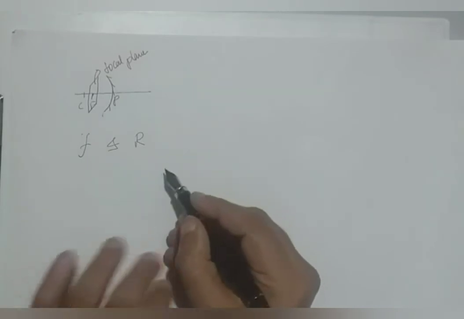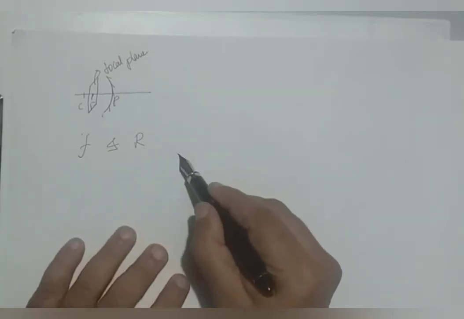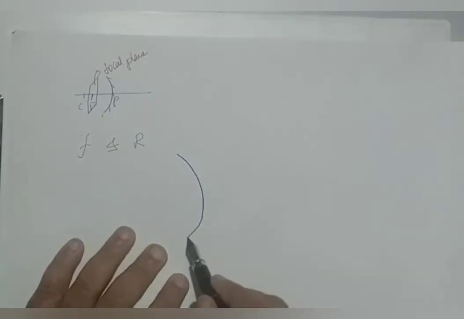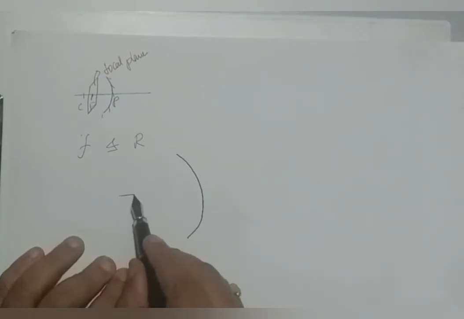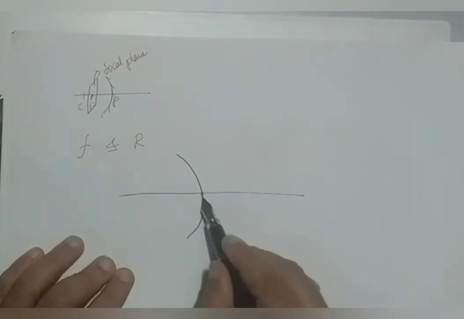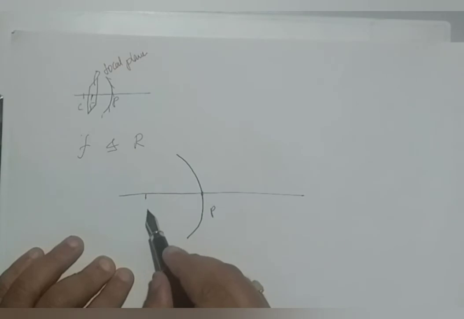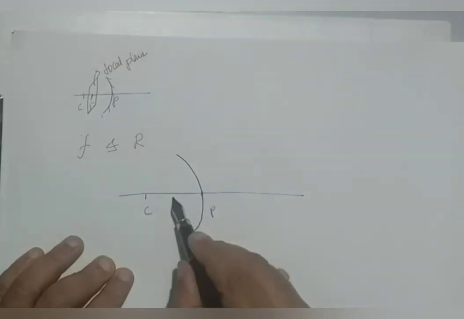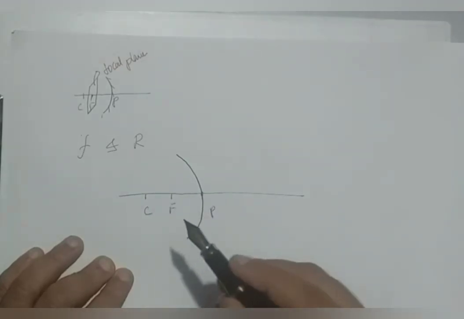We do this derivation very simply by using geometry. For that, I draw the figure a little bigger. Just observe. This is the concave mirror, this is the pole, this is the center of curvature, and this is our f, the principal focus.